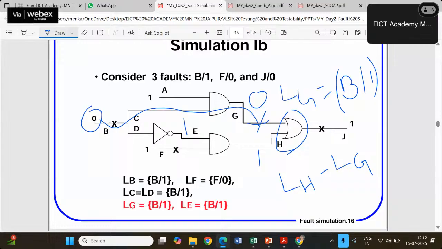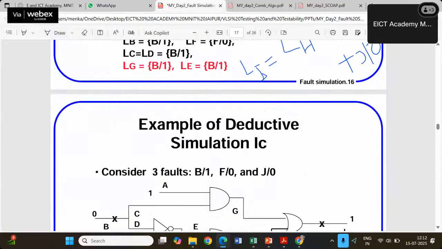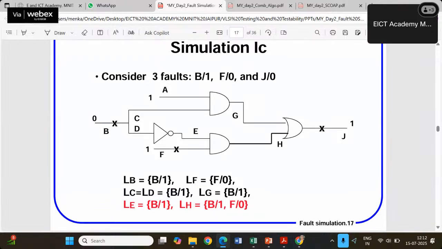So what does it mean? It means and plus, because output is expected to be 1, so plus J is stuck at 0. So this will be the LJ, the faults at LJ I will be having it this way. So what it is going to give me? It is going to give me this set. Yeah.